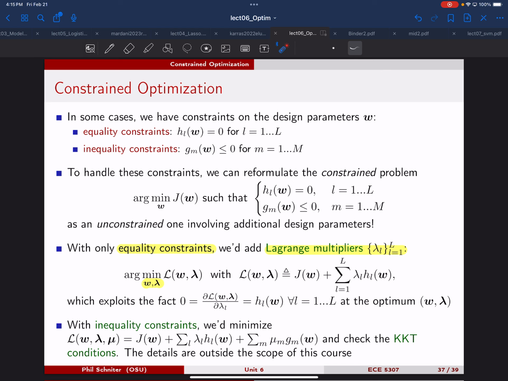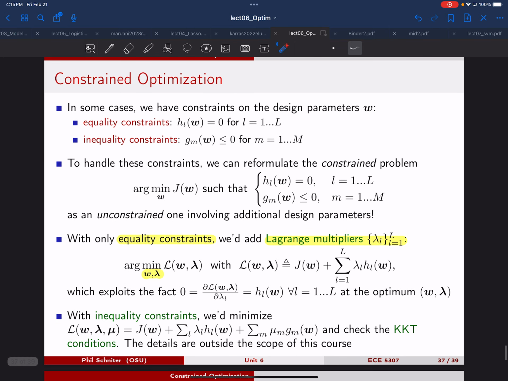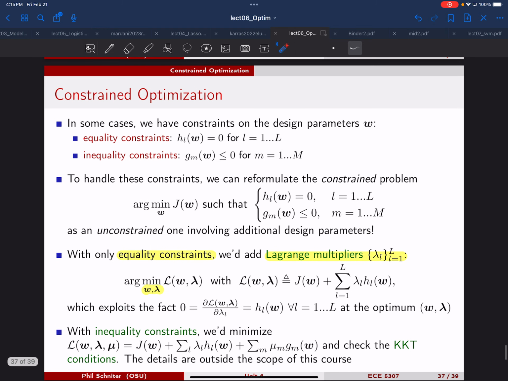We're not going to get into all the details of how to do that. If you want to learn more about that, there are some great optimization courses to take. I'm just mentioning this to say that there is a solution to this problem, and just to expose you to this idea, which we will use in the next unit. So that's the case of inequality constraints.